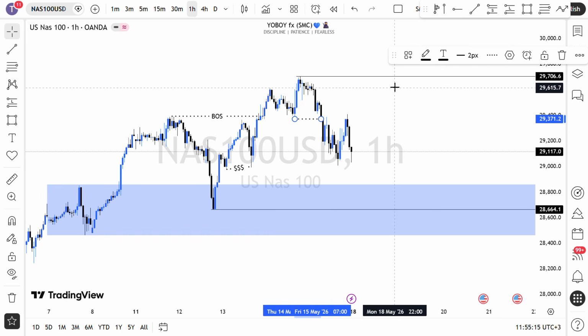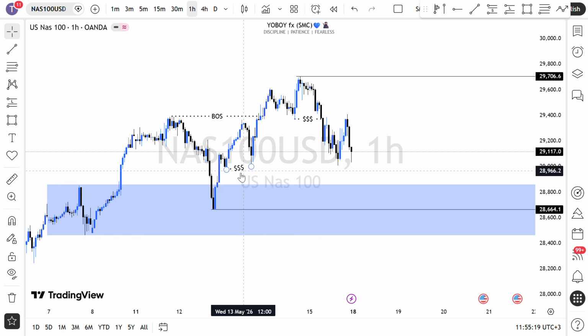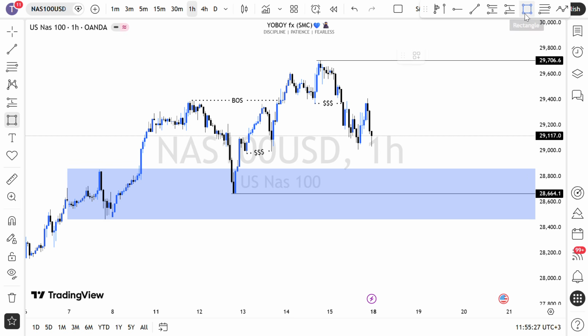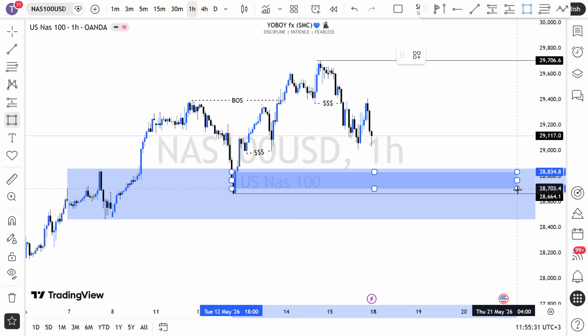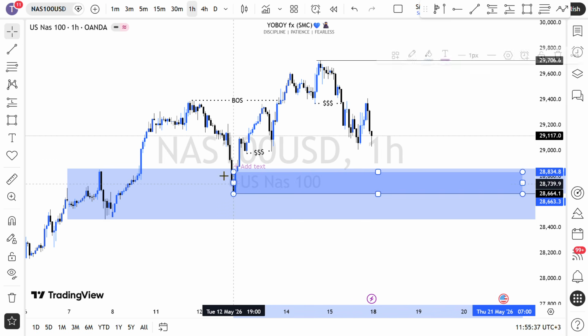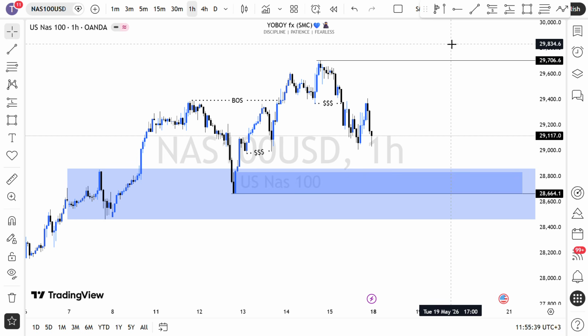Price is looking to come even lower and take out the extreme liquidity that was formed here. So in that case, we need to look for our point of interest. For our point of interest, I choose to take this extreme order block. Once price comes into this area, I'll be looking to take my buys from this point to the upside.